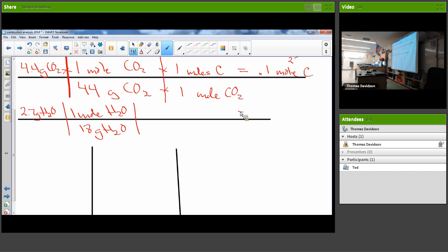But what am I solving for? So I need to get rid of mole H2O. So what do I do with that? All right, so every 1 mole H2O, how many H's do I have? 2 mole H. Because that 2 right there, right? No. Because I'm dividing this substance up.